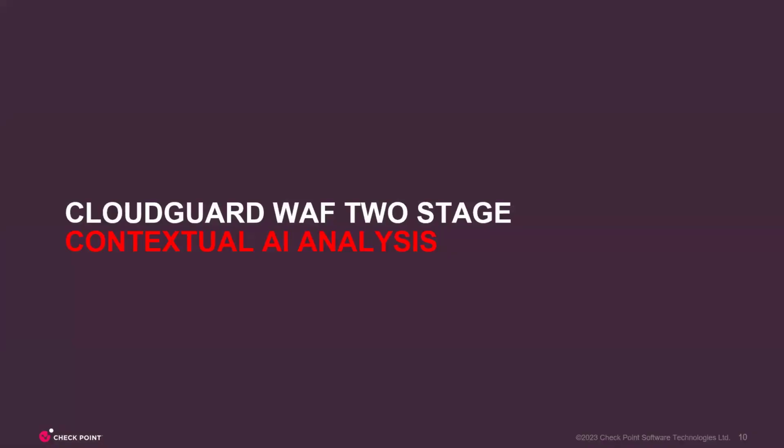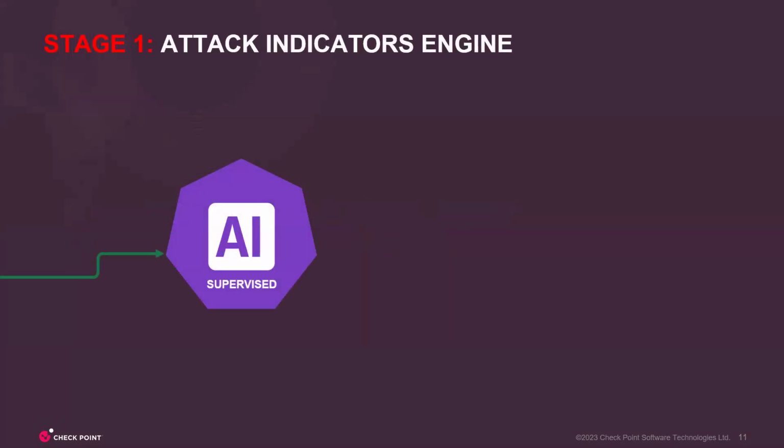So let's talk a little bit about that, right? I think there's really two stages to understand from a contextual AI analysis point of view, right? So that AI is supervised, right? What that means today is the large language model and the learning of our engine, we pre-train it, right? So that, out of the box, it has some understanding of what to look for and what to do.